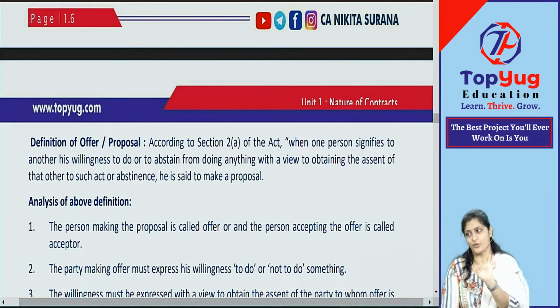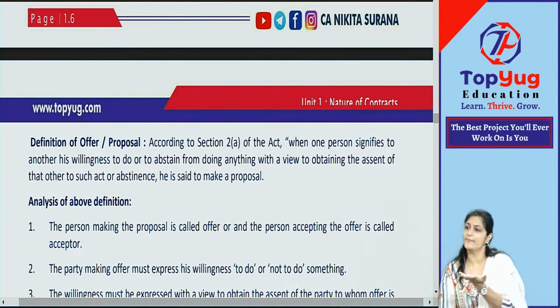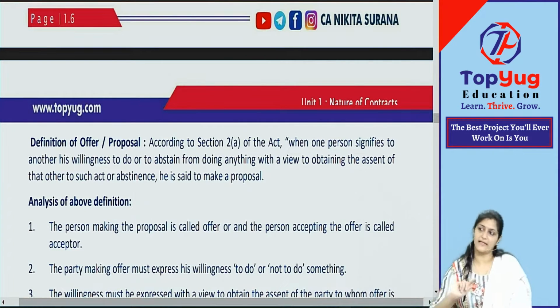Both will come under executory. But what is unilateral? One side. When performance is pending from one party's side, then it is known as a unilateral contract. What is bilateral? Both sides. When will executory become executed? When the parties perform in the contract, the executory contract will become an executed contract. Yes or no, everybody?